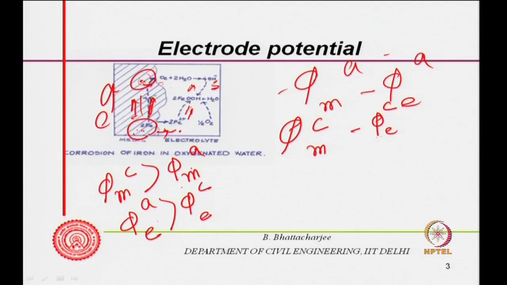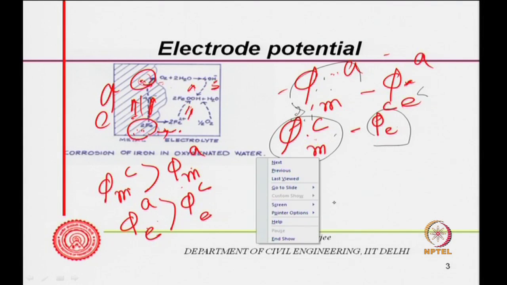If I consider these two potentials, phi metal cathode was greater than phi metal anode, and phi electrolyte anode is greater than phi electrolyte cathode. So, at the anode I am subtracting a larger value from a smaller value, and at the cathode I am subtracting a smaller value from a larger value.